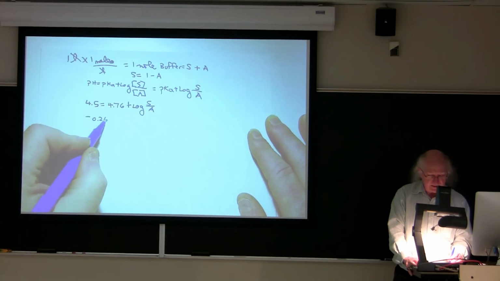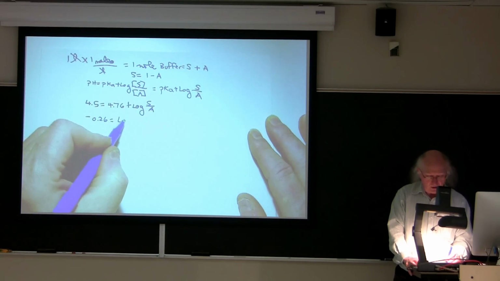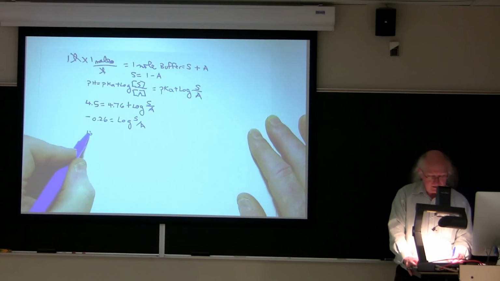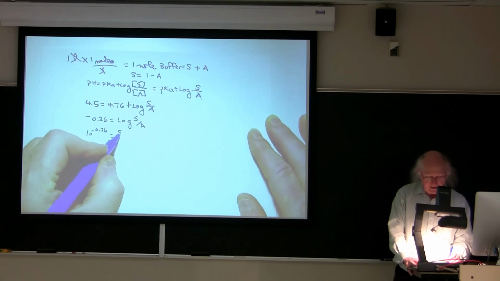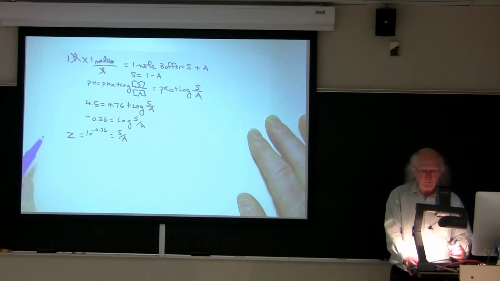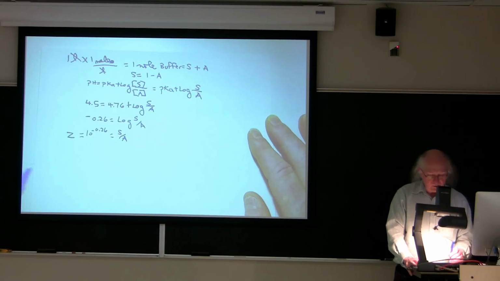Minus 0.26 equals the log of S over A, and 10 to the minus 0.26 equals S over A. Well, again, let's call this number Z, whatever that turns out to be.